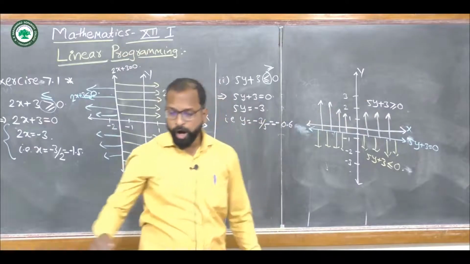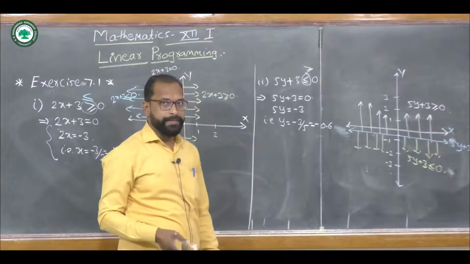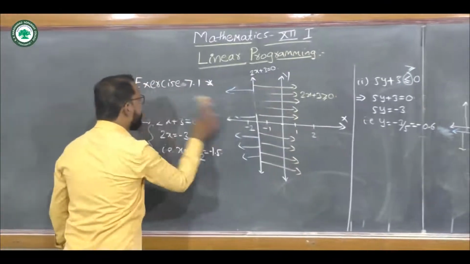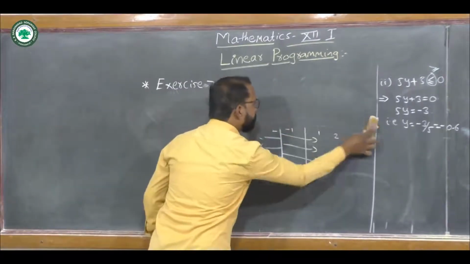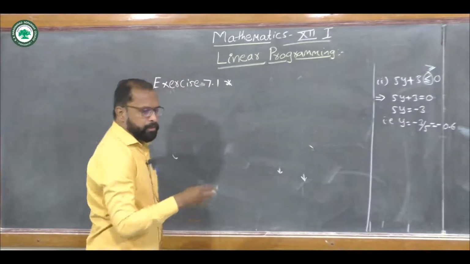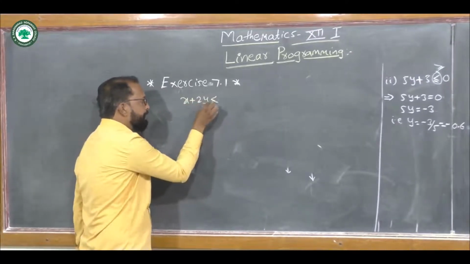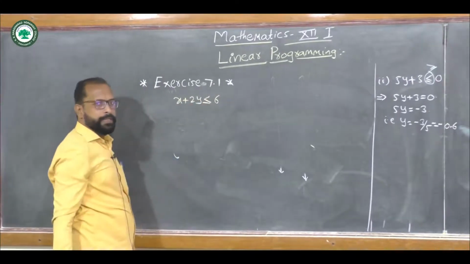Now next consider another line. Suppose x plus 2y is less than or equal to 6.